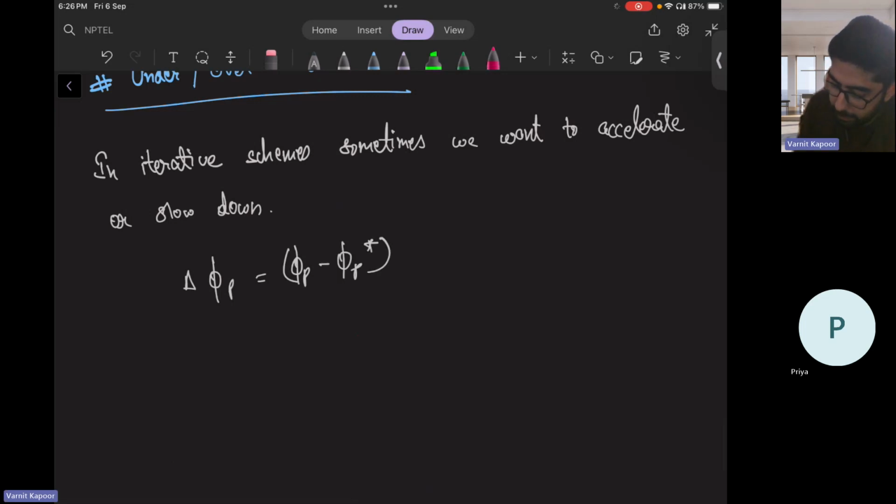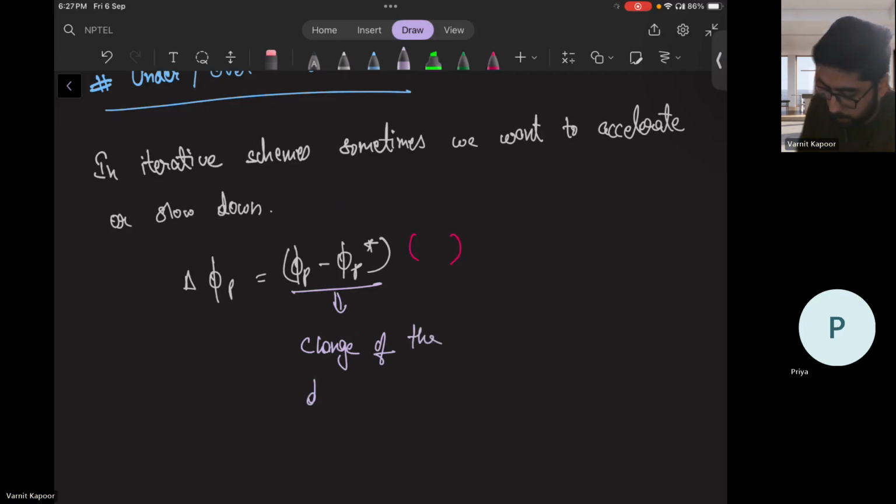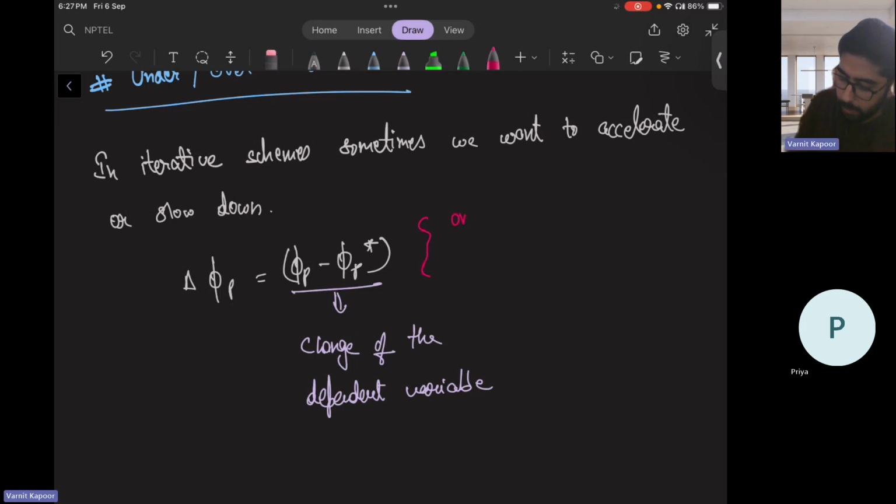If you multiply here with some factor, then this is nothing but a change of the dependent variable. Okay. Either you can over relax or under relax by multiplying with a factor.